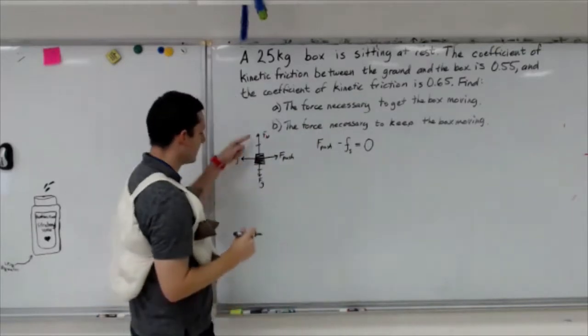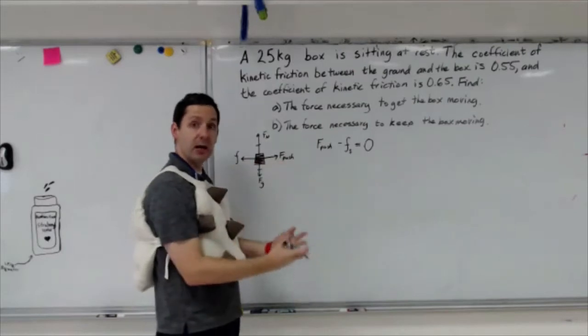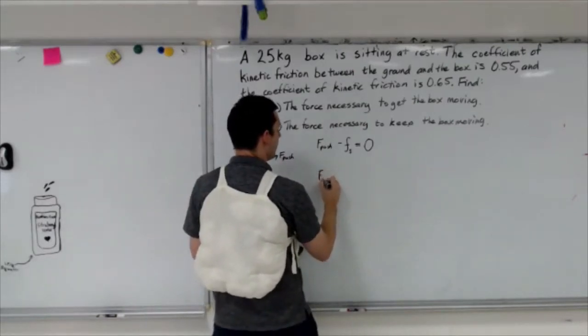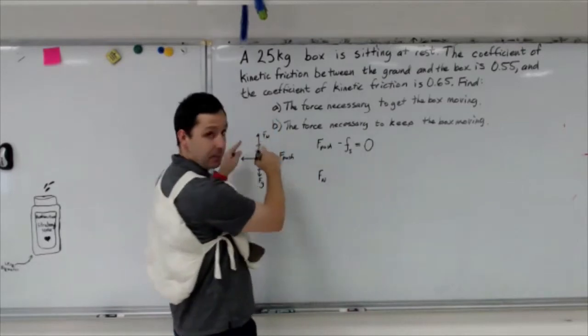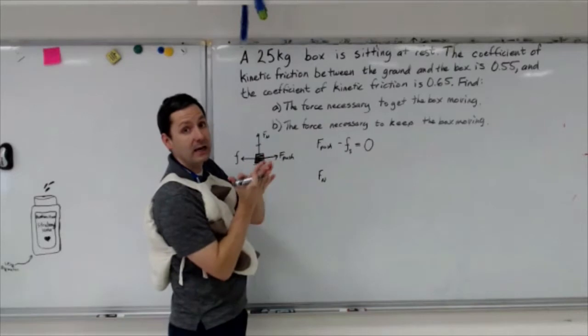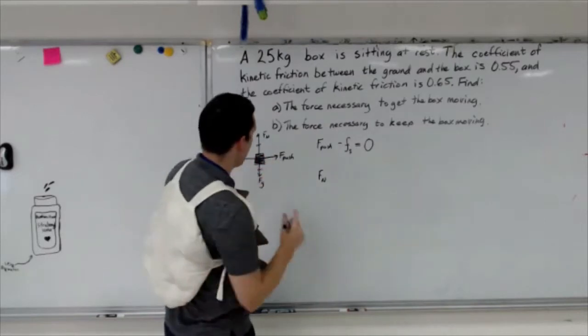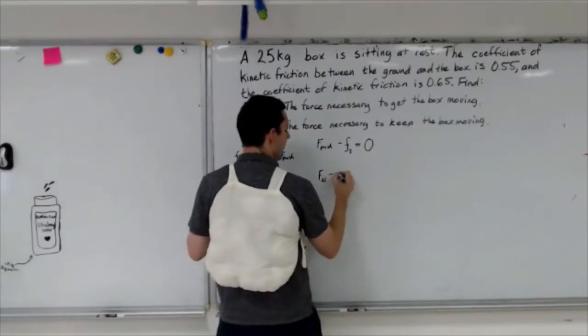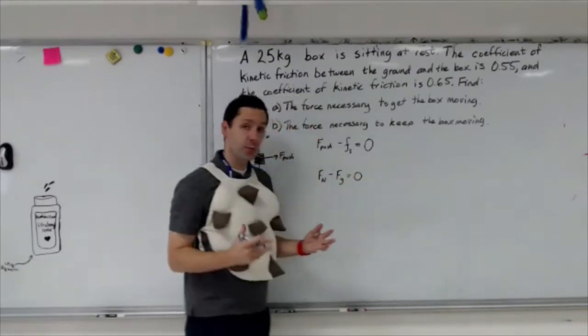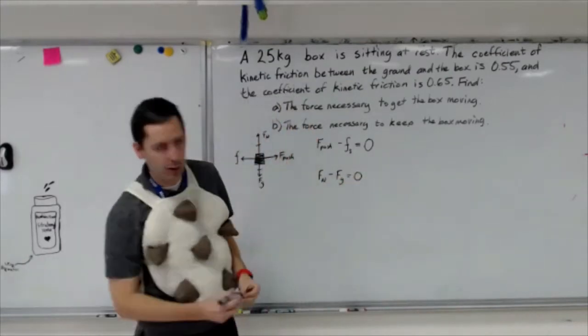Because it's at rest. The second piece here, I could do an equation for the normal forces as well, which would just be the normal force of the ground. That's the important one when I'm looking at friction, because the friction is between the box and the ground. So that'll be important later. And then I've got the minus Fg, which is also equal to 0 because the box isn't accelerating up or down.